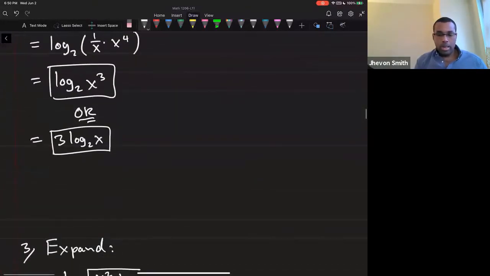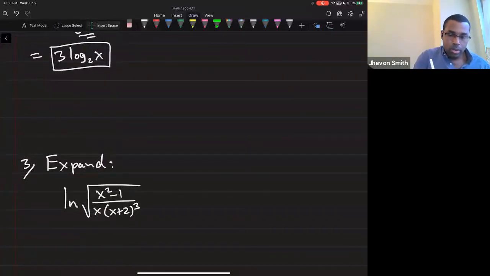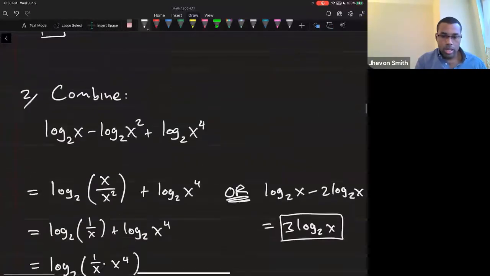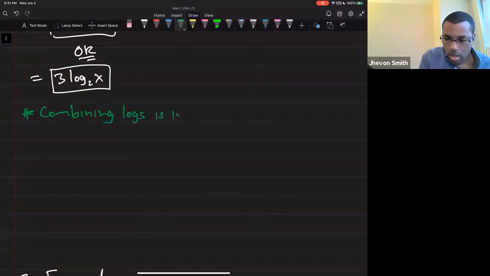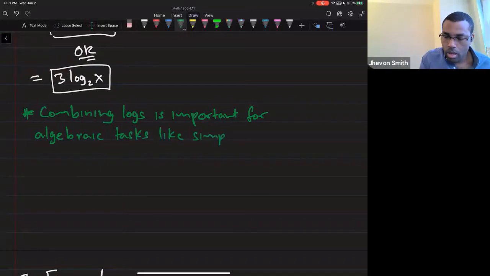But knowing how to combine logs is super important. In fact, I will tell you when it would tend to be important. Combining logs is useful for algebraic tasks, like simplifying or solving equations.